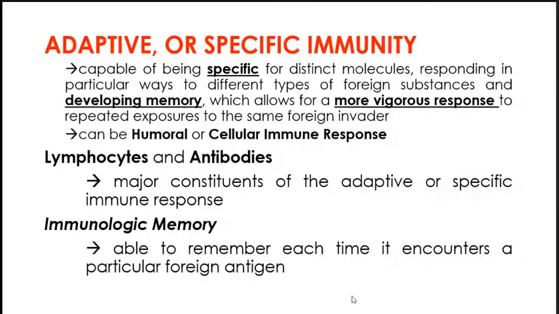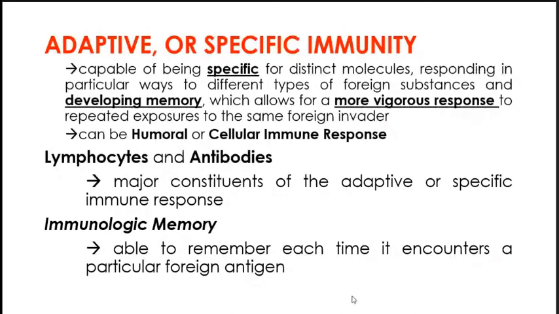Whereas adaptive or specific immunity is capable of being specific for distinct molecules, responding in particular ways to different types of foreign substances, and developing memory. The developing memory part, remember the antigen-antibody complex, these are specific reactions.